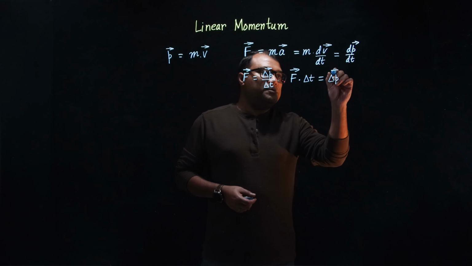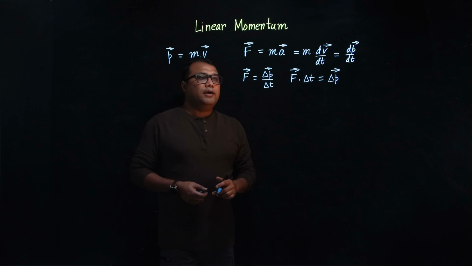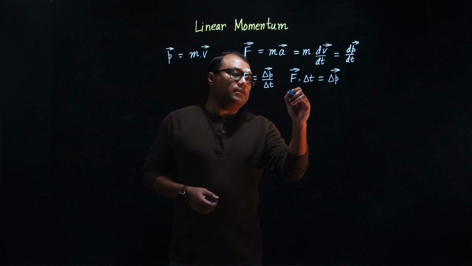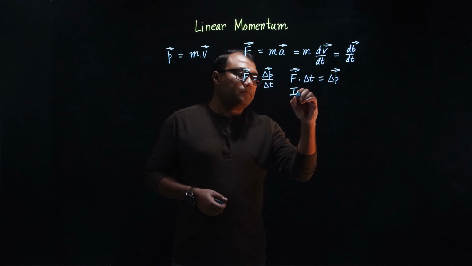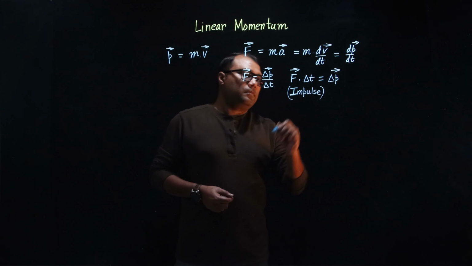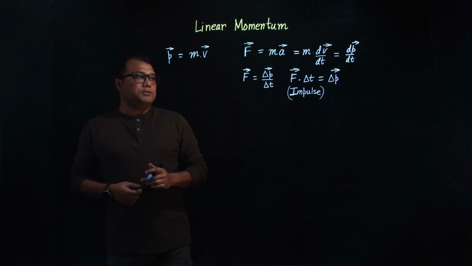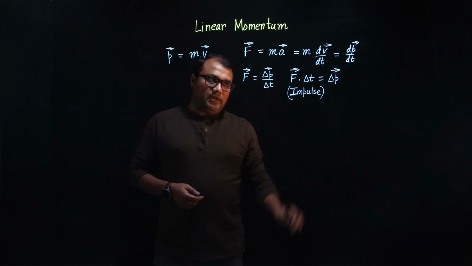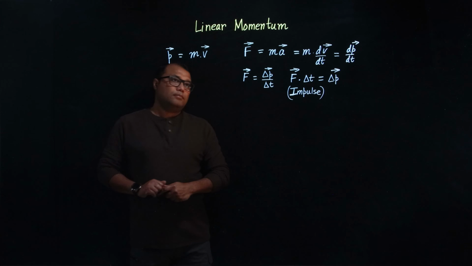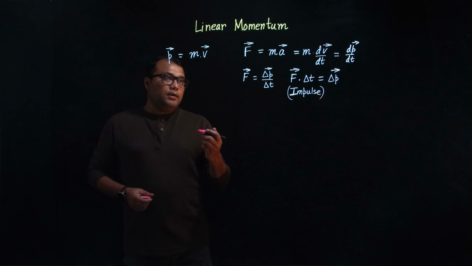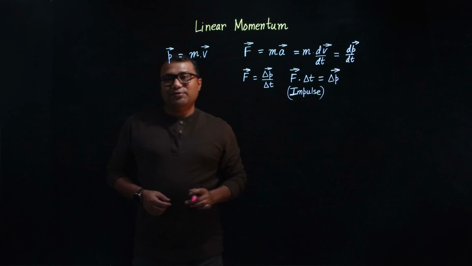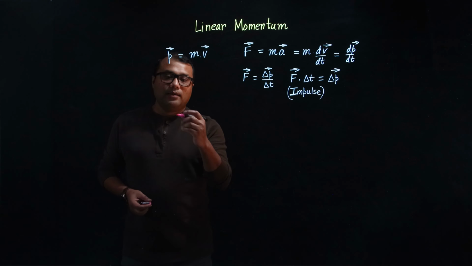There is a specific term for F times delta T. This is called impulse. So the impulse on a body is equal to the change in momentum.